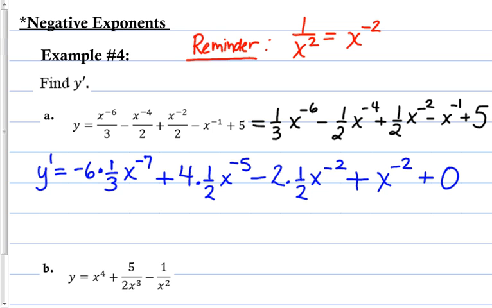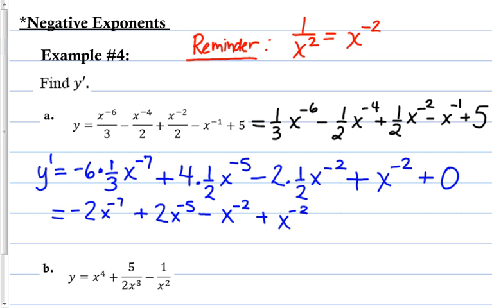All right, then simplify. So negative 6 over 3, that's negative 2, x to the negative 7, plus 4 times 1/2, that's 2, x to the negative 5. 2 times 1/2, that's just a 1, so x to the negative 2 power. And then plus x to the negative 2 power. Oh look, there's two negative 2's, unless I forgot to do something.